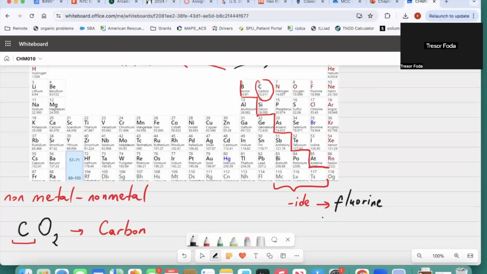But now, whenever it reacts, we drop the letters at the end and it becomes fluoride. Make sense? Okay.